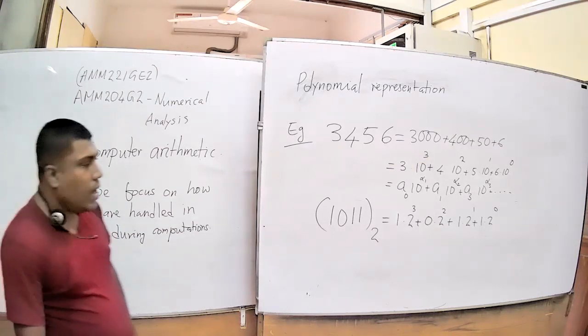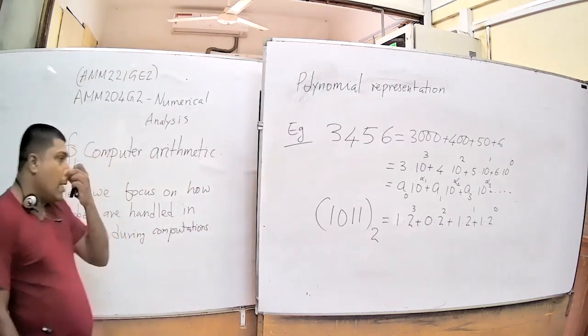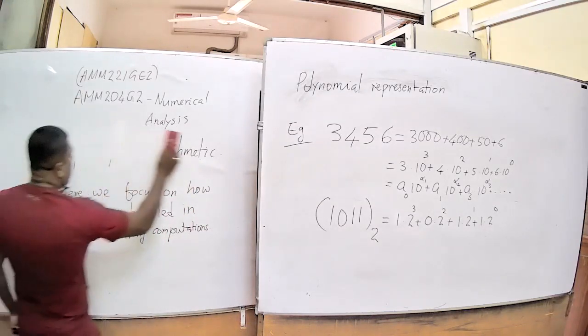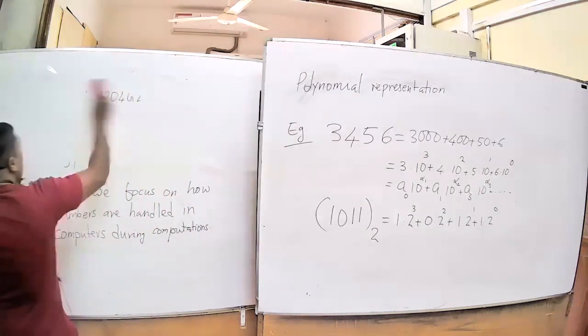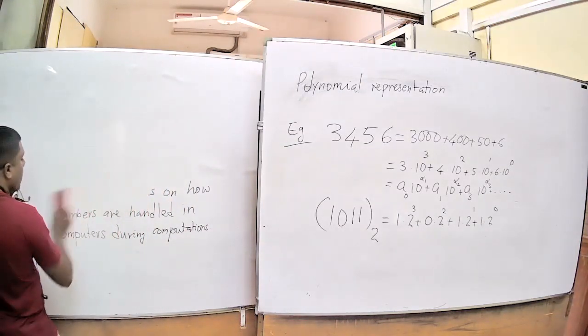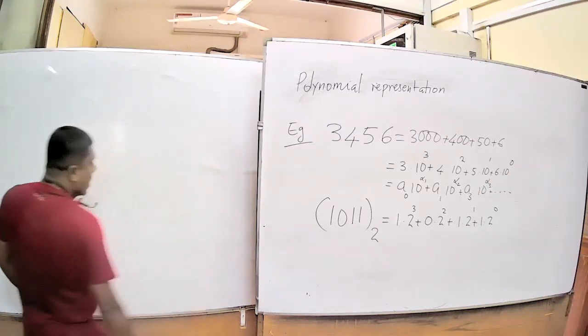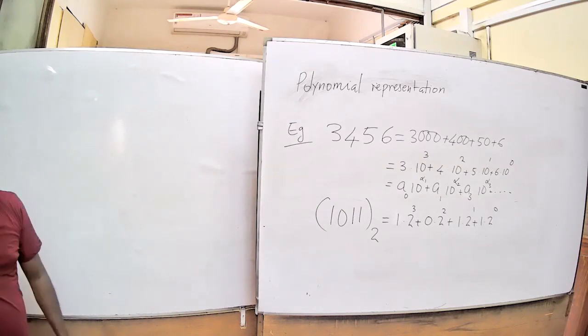In this way, what I am going to do is generalize this. For one arbitrary common base, I am going to give a number in its polynomial representation.